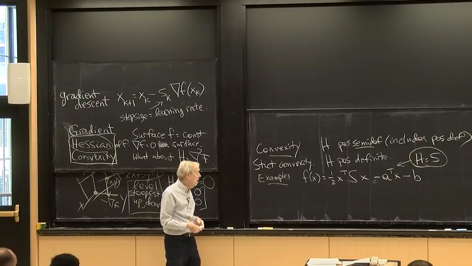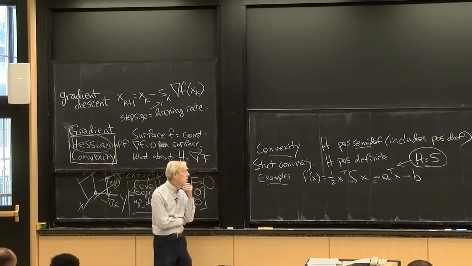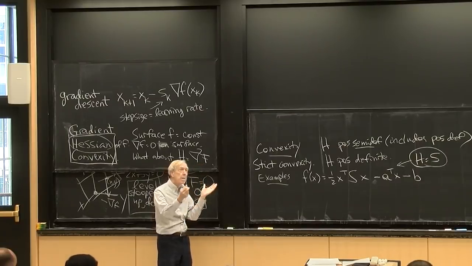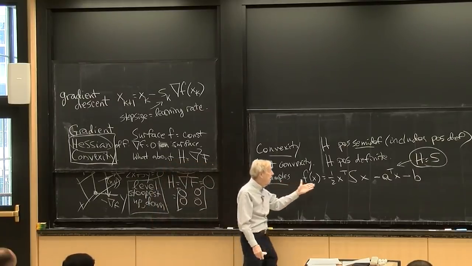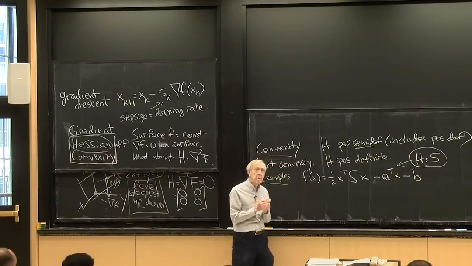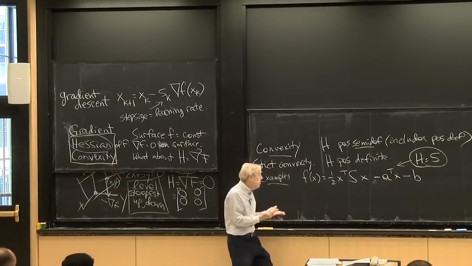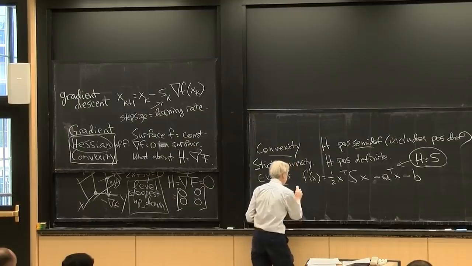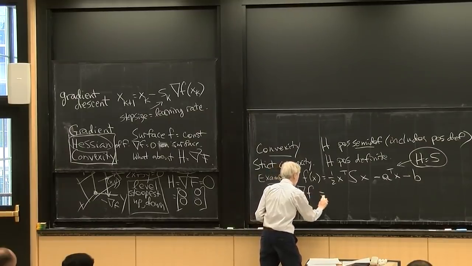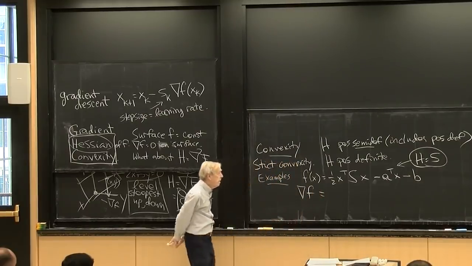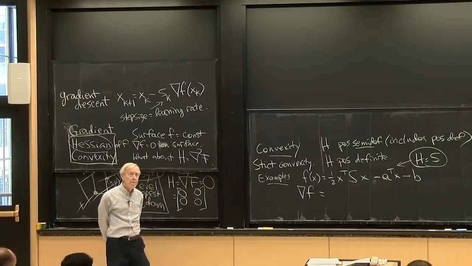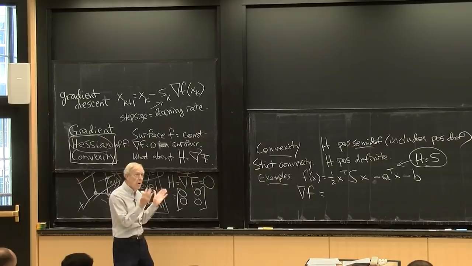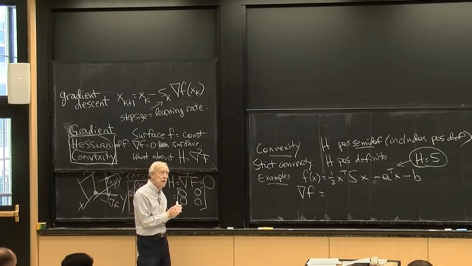Okay. Let me just ask you, so that's a convex function. And what's its minimum? What's the gradient, first of all? What's the gradient of f? I'm asking really for differentiating, thinking in vector, doing all n derivatives at once here.